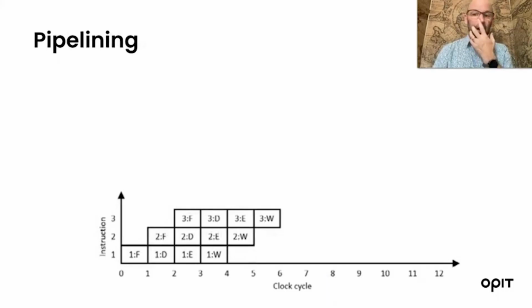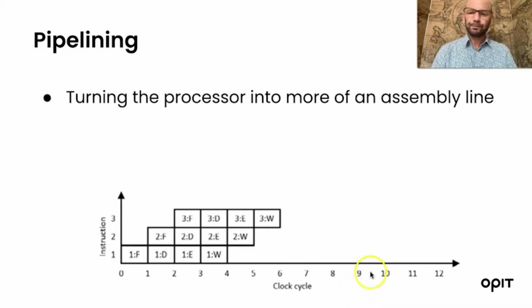So here's a modified representation of the diagram we saw in the previous slides, where we're making much more efficient use of the resources that are available to us for using this particular scheme. So we're turning the processor into more of an assembly line, right?